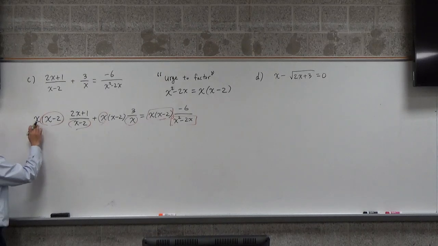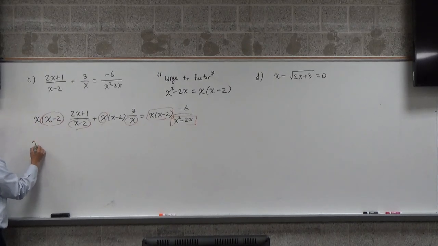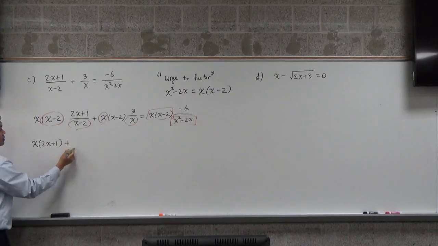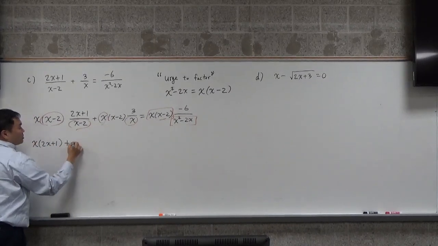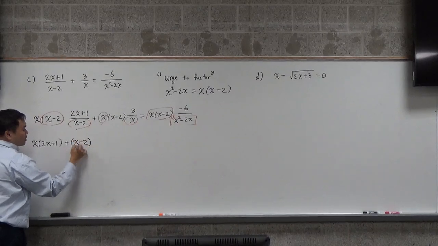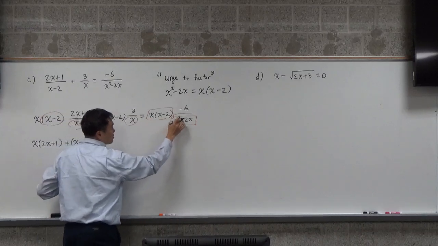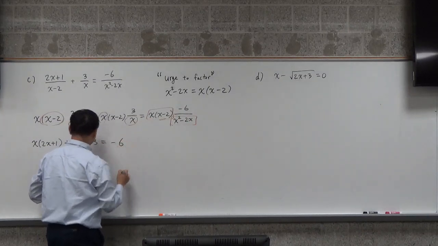Okay, so what's left? X times 2x plus 1, those are not canceled, so they still stay. X minus 2 times 3, that's not canceled, so that stays. And then these two cancel, so you just have negative 6.